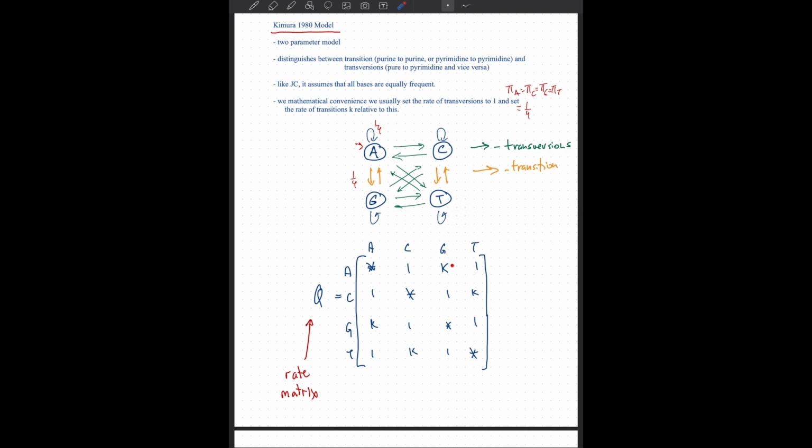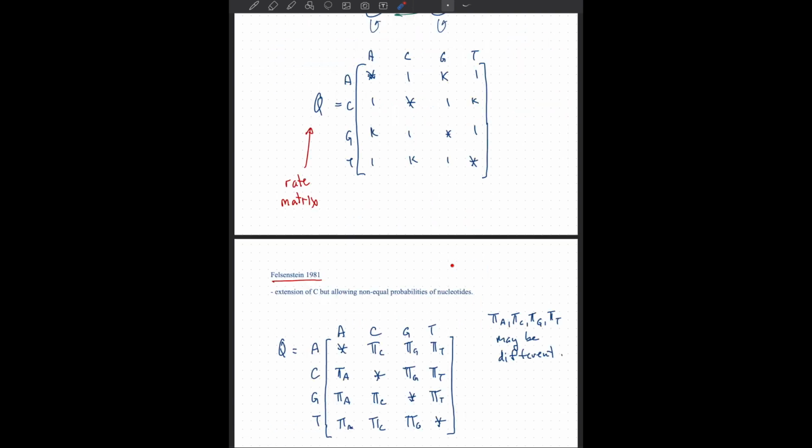Okay, so the point here, I think, is that we're integrating mathematically more biology into this model by considering the chemical reality of nucleic acids.